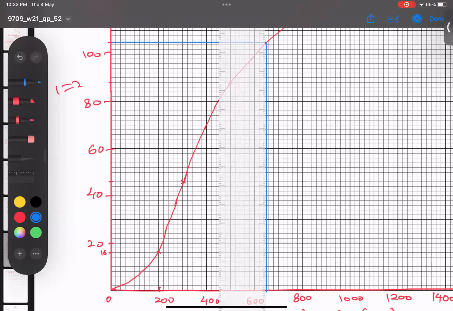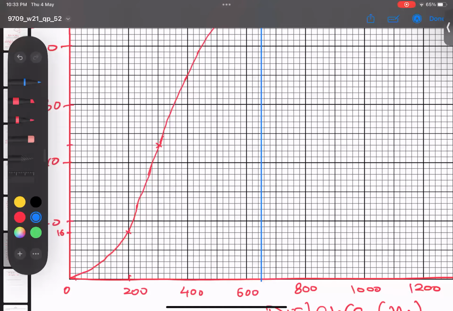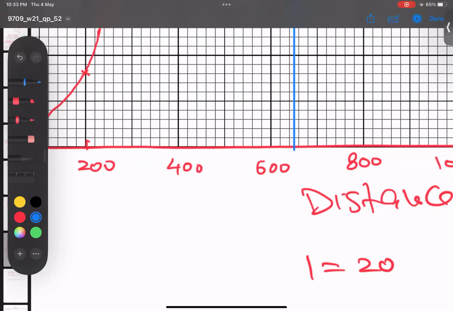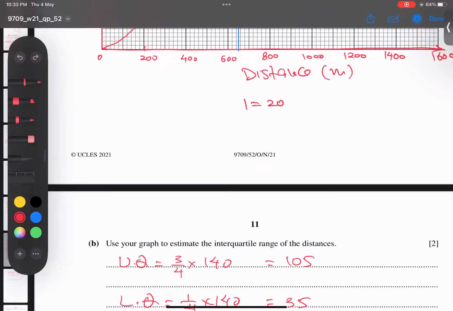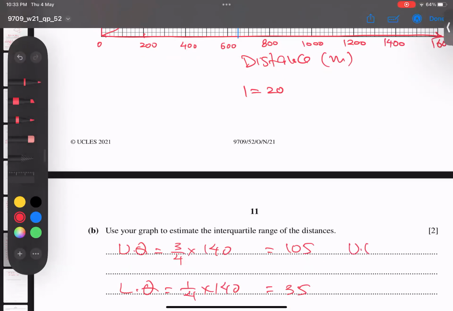Yes, so I hope it is clear. It is meeting somewhere here, and you know one box is 20. So let's write it finally. This is 620, 640, 650. So 600, and let me recheck, 600, 620, 640, 660. So 650 is approximate. So the upper quartile is coming 650.